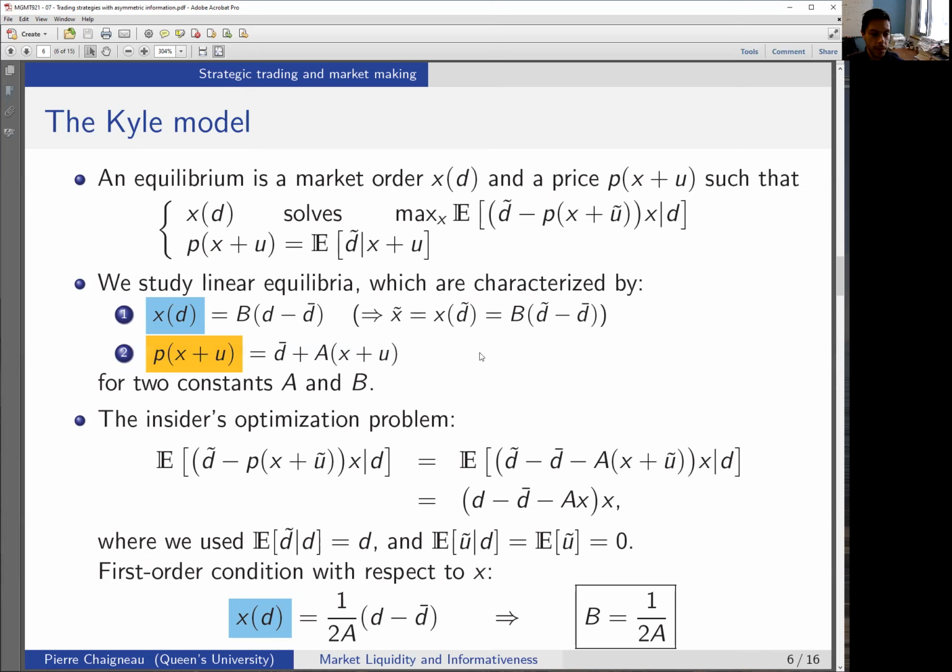Because in this equation, A is by construction a measure of the sensitivity of the market price to the order flow. So the larger A is, the more sensitive the market price is to the order flow, meaning that the market is not very deep. The order flow is going to move the asset price a lot.